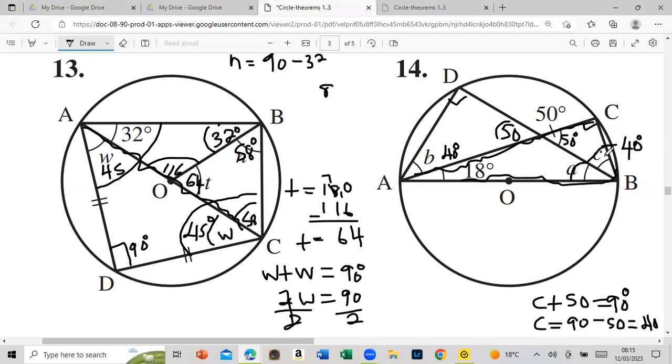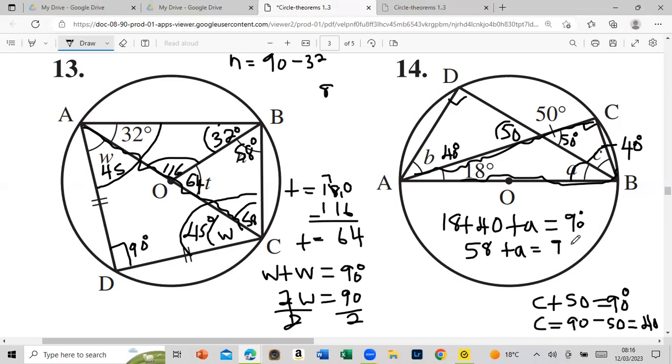But we already know this is a 40, right? So we can say 18 plus 40 plus A, because the angle A we are looking for, equals 90 degrees. So all we have to do is just add up these two. So that will give you 58 plus A equals 90.